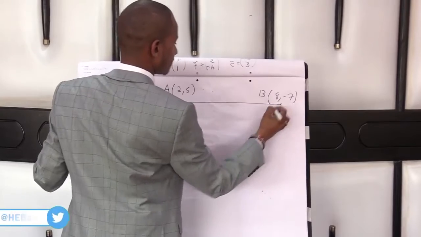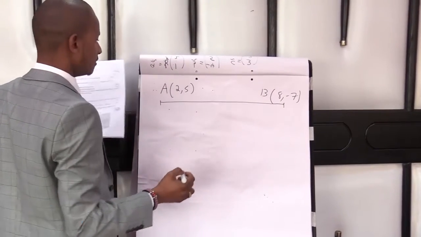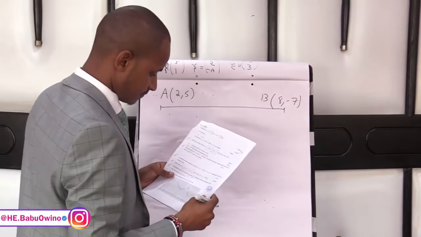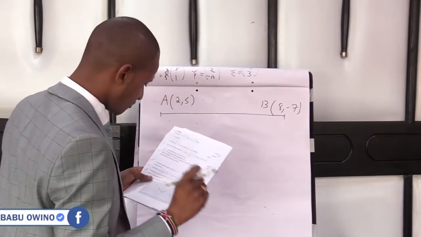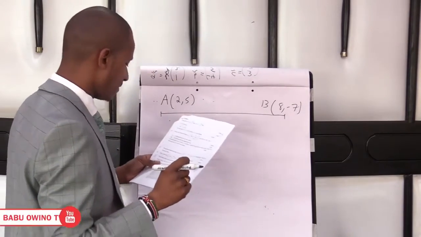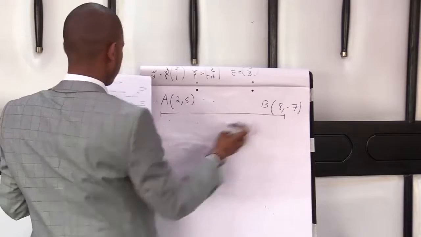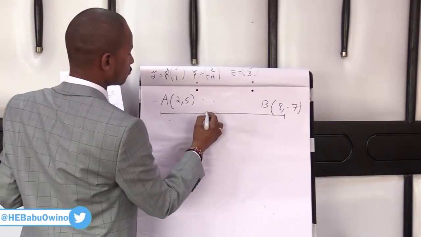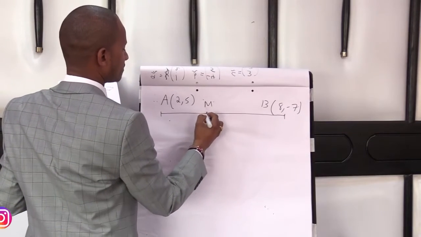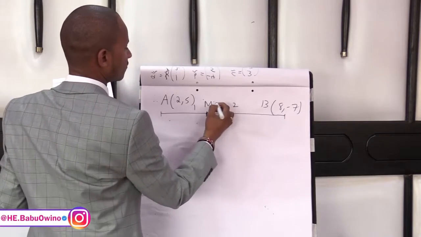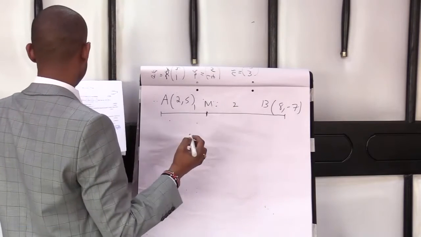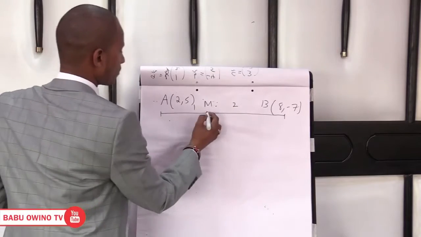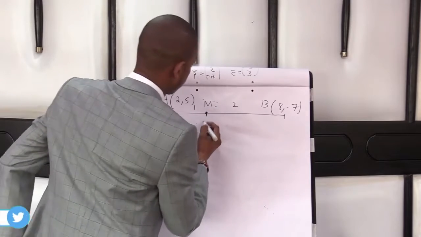So these are 2 points A, B. Then you are told, find M, find the coordinates, remember not position vector, but find the coordinates of M which divides AB in the ratio of 1:2. So our M is there. It divides this in the ratio 1 to 2. So we want the coordinates of M.